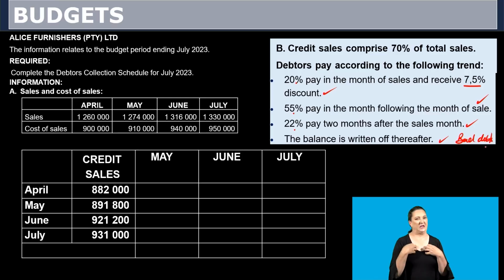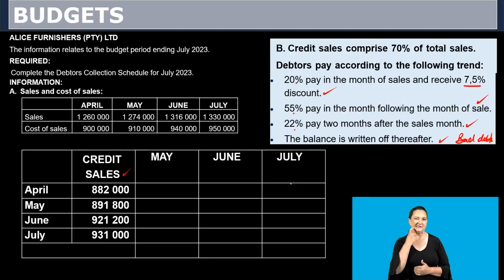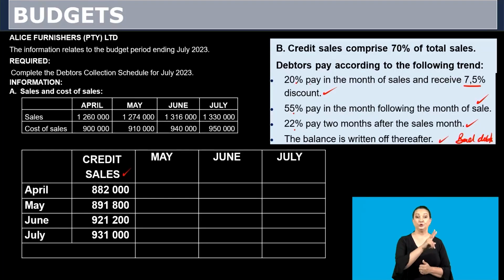Okay, here is the answer book now. So we're going to complete this one. We are given our credit sales here. At times you will not be given the credit sales and you must calculate the credit sales. But in this case, it was given to us. To make it easy, I'm going to show you a very interesting trick. Make sure you get this trick. We are told 20% pay in the month of sales.